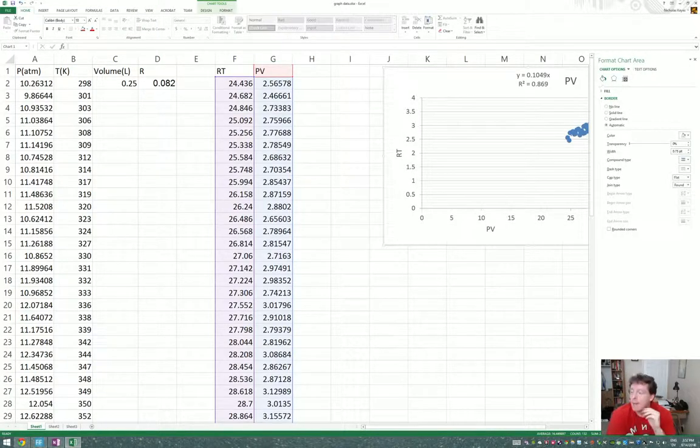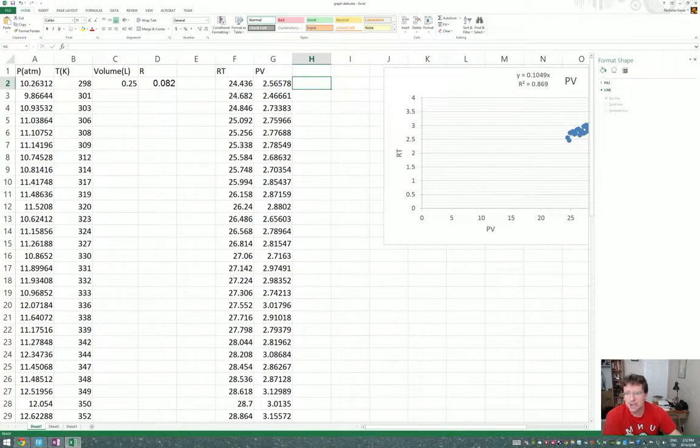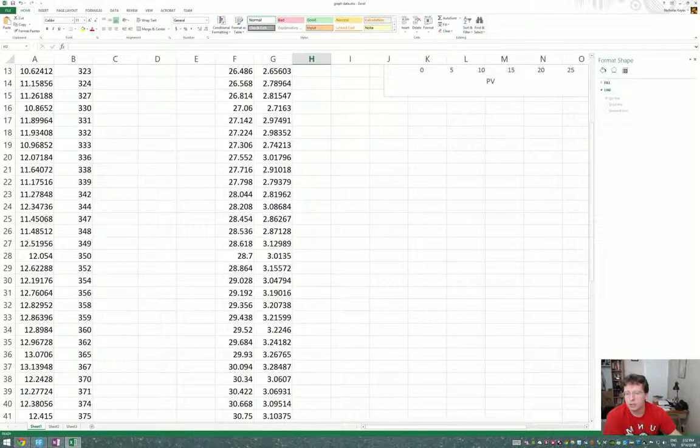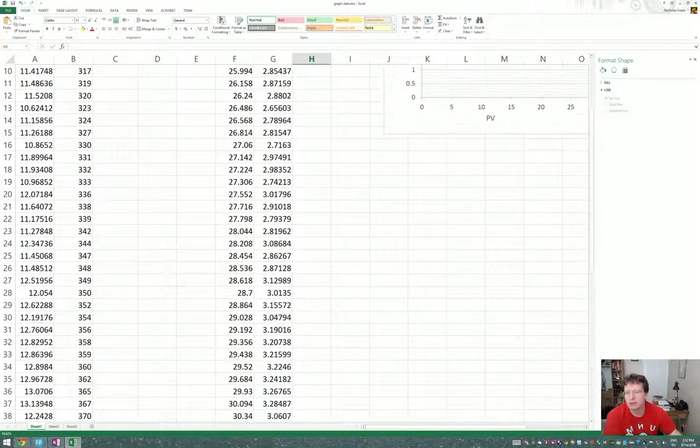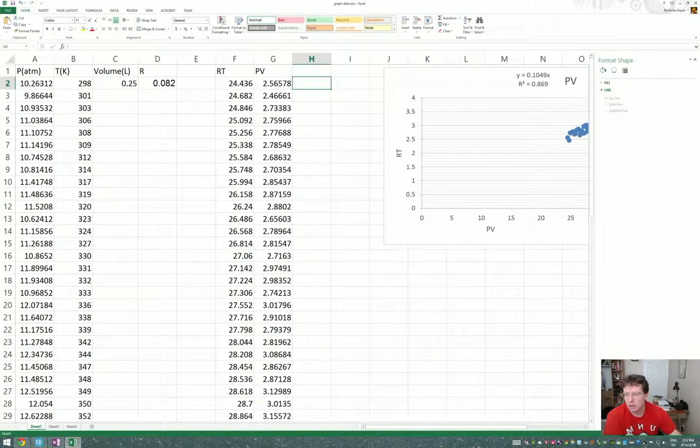Now, there were other ways that you could do this that aren't quite exactly on the point of the assignment, but they showed a lot of the key concepts, so I was pretty okay with them. For instance, one of the things to do is just use Excel itself to put in an Excel formula so that you can compute the moles for every single value, right?